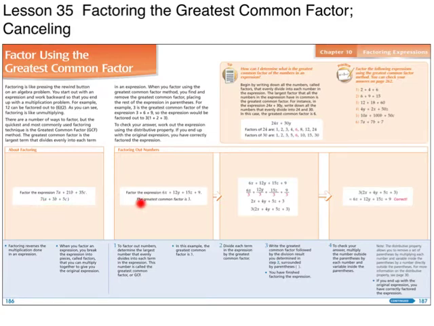examples. This is just factoring. This would be how to factor out a common factor, the greatest common factor. How can I determine what is the greatest common factor of the numbers in an expression? Down here it takes you step by step.